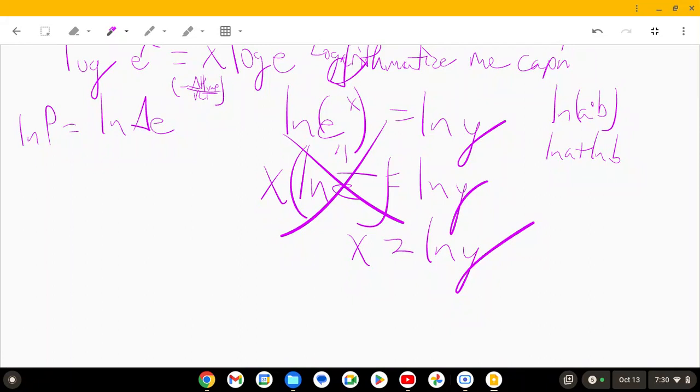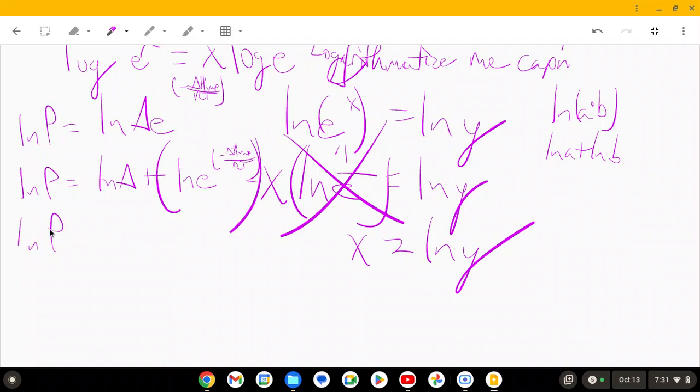Well, if that's the rule, I'm going to play with it. So ln P equals ln A plus ln e to the negative delta H vap over RT. But remember that rule of logs, I could pull the whole exponent out. So I get ln P equals ln A minus delta H vap over RT times ln e. That's 1.